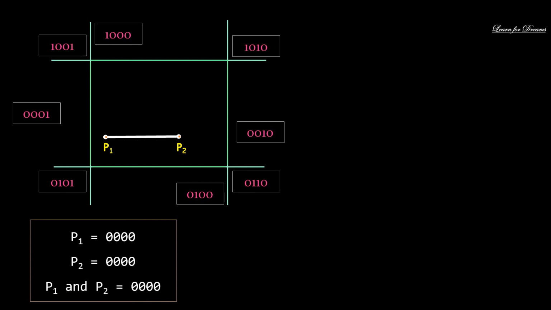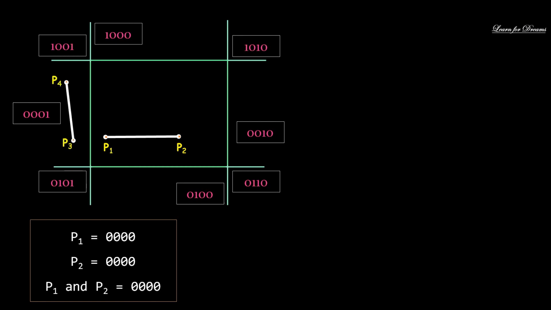If I apply AND condition between P1 and P2, it will be a bitwise operation. The value becomes 1 only when both bit values are 1. So here we will get P1 AND P2 is equal to 0000. It means no clipping is required. The entire line is inside the window.